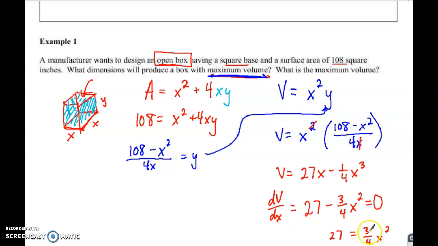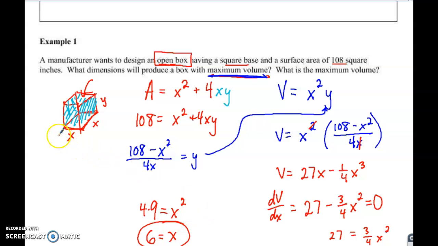And then I would get rid of this by dividing 3 over. So 27 divided by 3 is 9, times 4. So 9 times 4 is equal to x squared. So that's clearly 36. So x needs to equal 6 in order to maximize this volume.